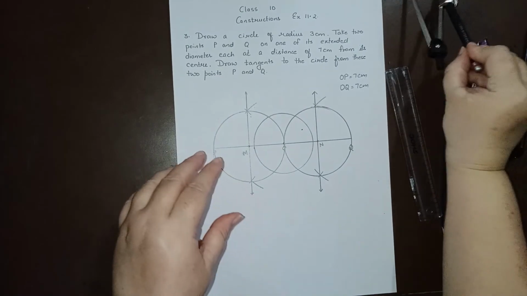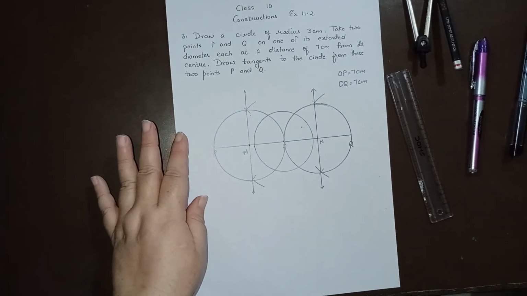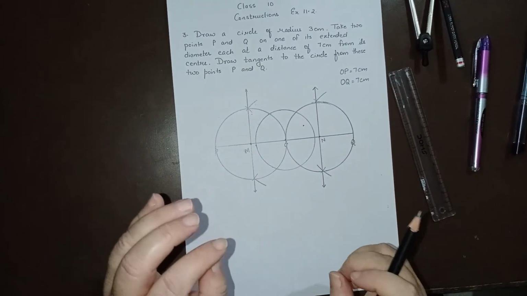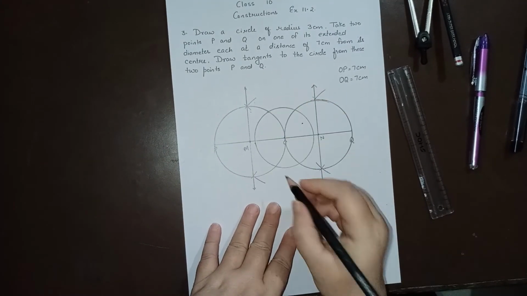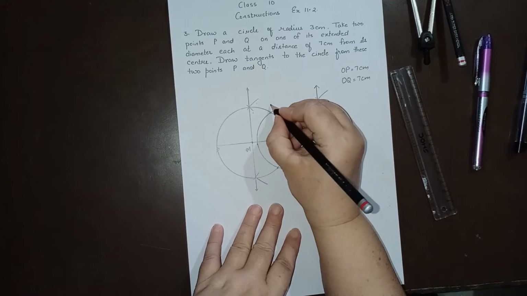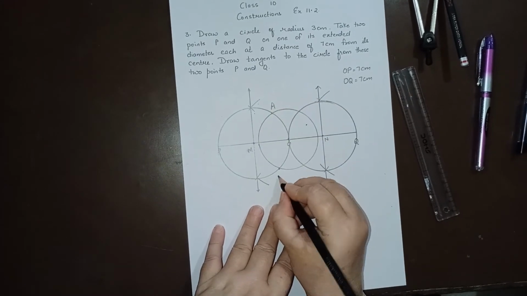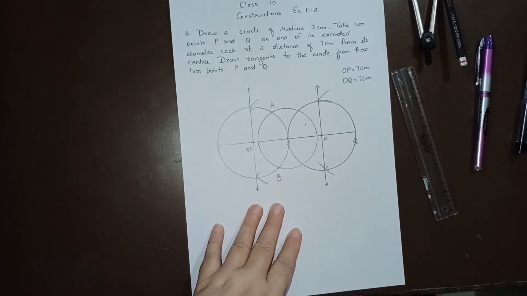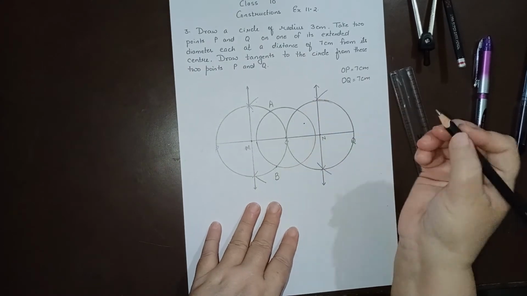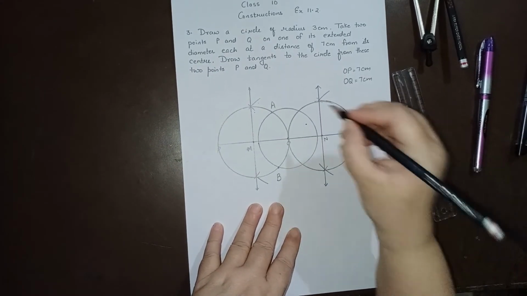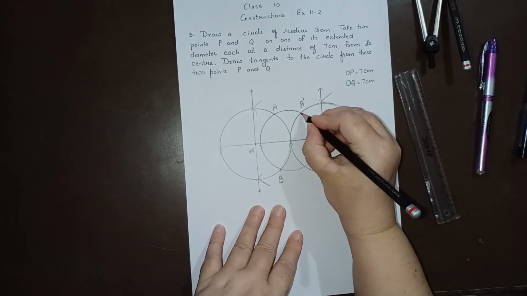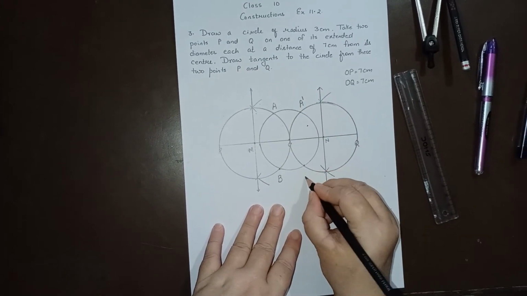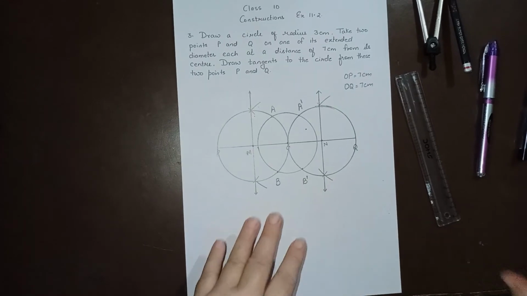Now see these new circles. The circles with centers M and N intersect the given circle at 2 points each. Let us take these points as A and B, and where the circle with center N intersects our original circle, let us take those points as A dash and B dash.